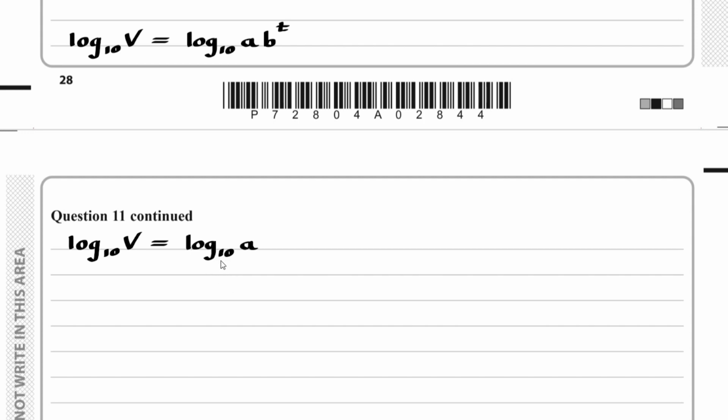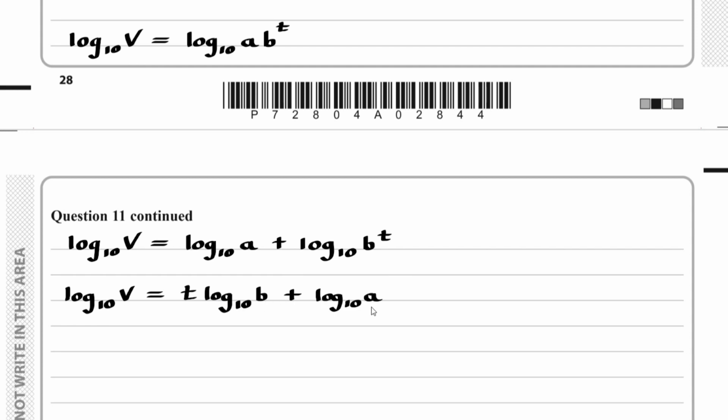So we have log base 10 of a plus log base 10 of b to the t. And we can simplify further this log base 10 of b to the t using the power law of logs. So we have log base 10 of v equals t multiplied by log base 10 of b plus log base 10 of a. This is of the form y equals mx plus c.